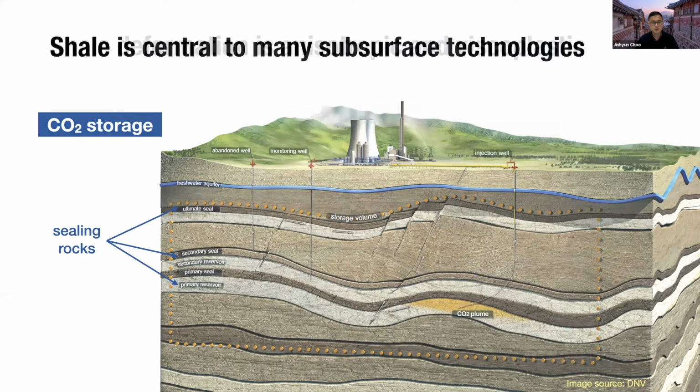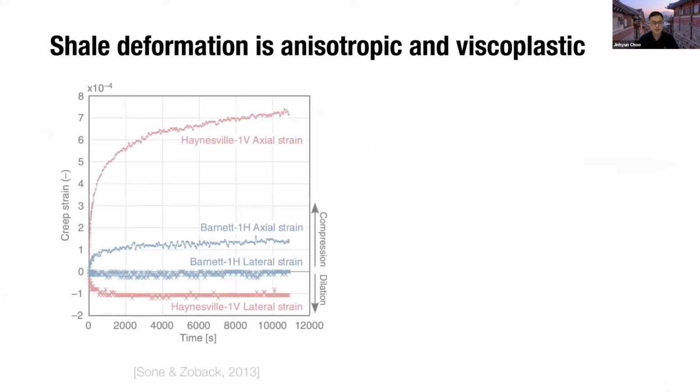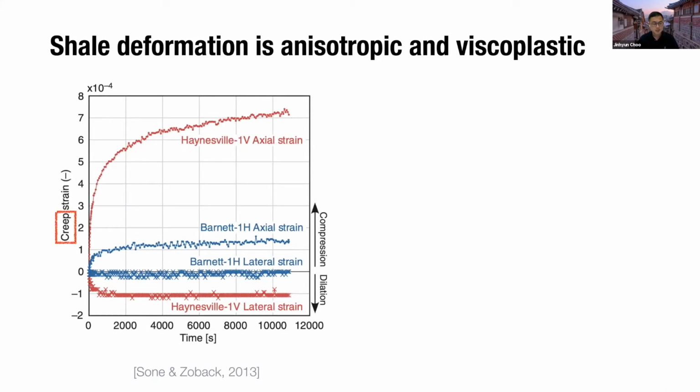It is well known that shale deformation is anisotropic and viscoplastic. As an example, here I'm showing experimental data from Sone and Zoback. This experimental data is about creep strain, which means that these strains developed under constant stress conditions.